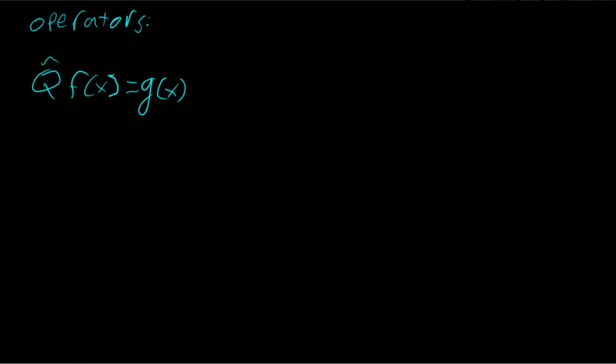But to start with, an operator, so I've got this operator Q hat over here. This hat just means it's an operator, right? In quantum mechanics, we've been using the bra vectors and ket vectors to represent unit vectors, right? So here we don't need these hats to represent unit vectors.